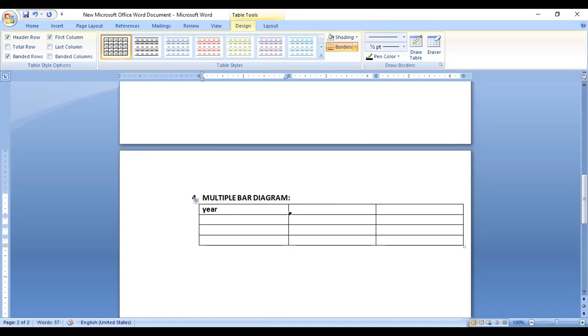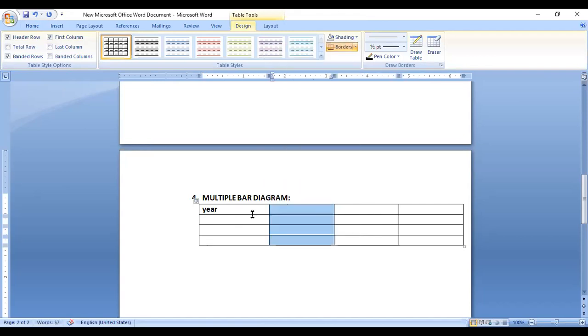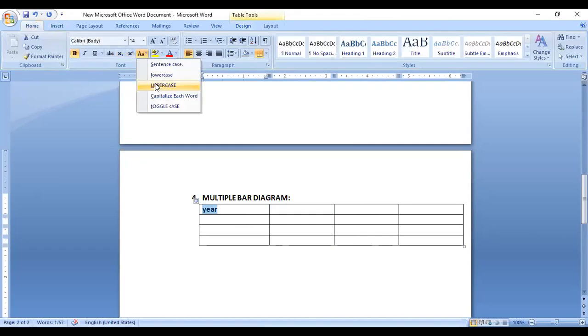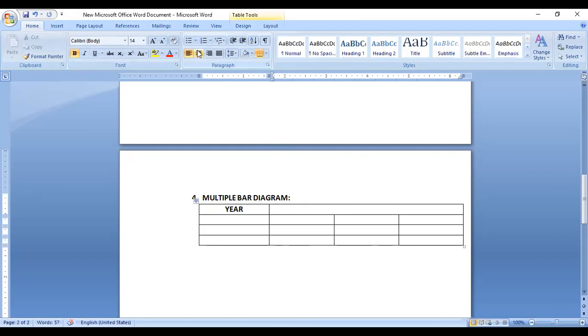Here, number of admissions, let us take for example.